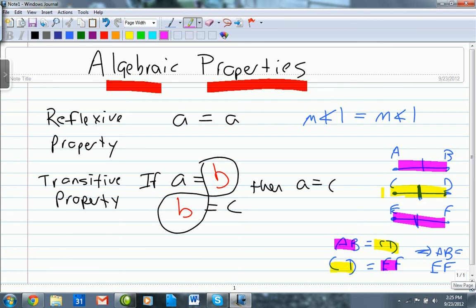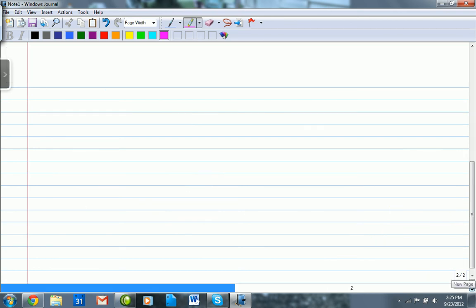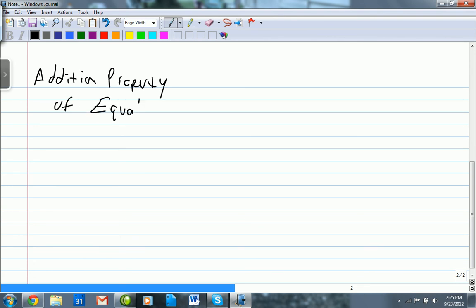Here's another one. It's called the addition property of equality. There are a couple ways this can look. There's also subtraction, division, and multiplication properties of equality. They're all very similar.